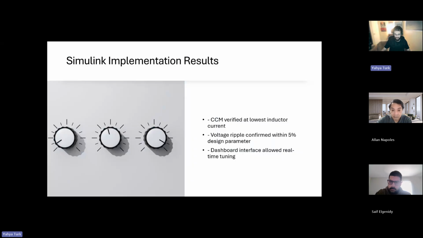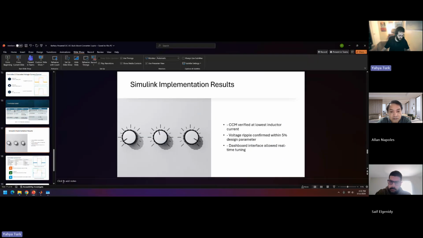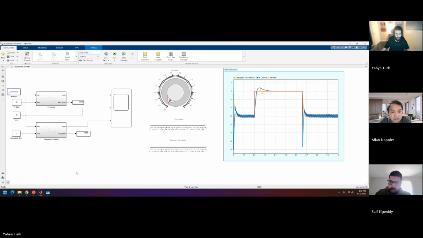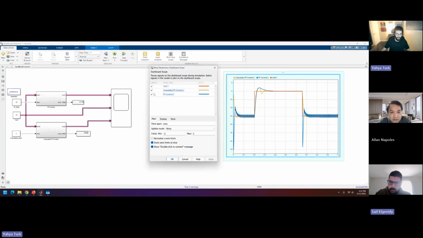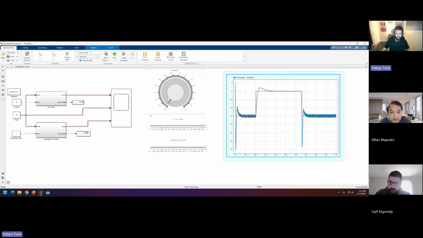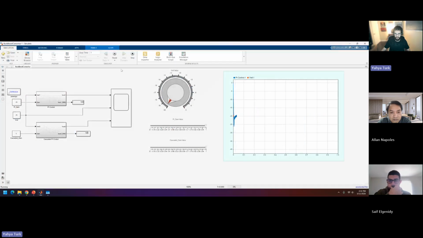So we can show this in Simulink quickly. At first, we can run the PI controller in Simulink, and we're running it at 10 ohms with the tuning that we discussed.